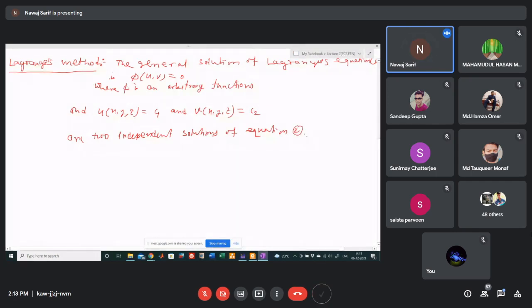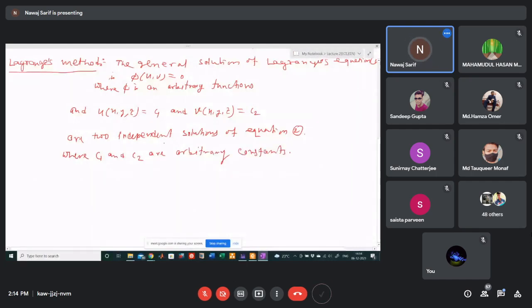That is, when you solve equation 2, that means the Lagrange's auxiliary equation, you get two solutions u of xyz equal to C1 and v of xyz equals to C2, and the combined solution of the equation 1 is phi of u, v equal to 0, and this gives you the general solution of the original equation 1, where C1 and C2 are arbitrary constants.